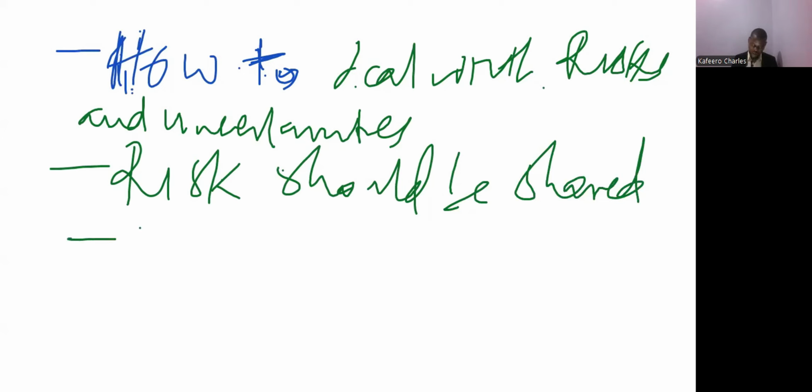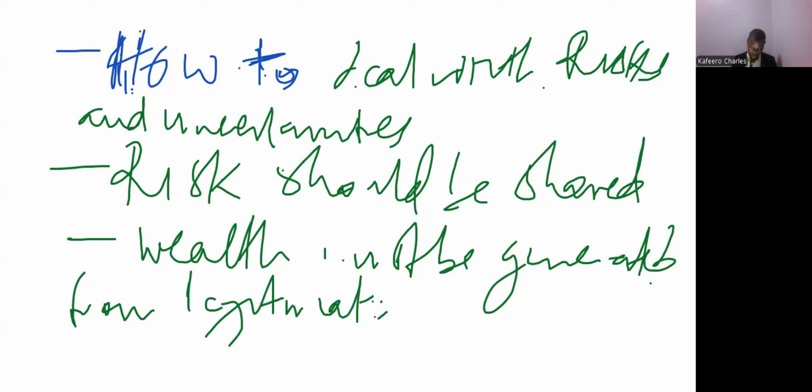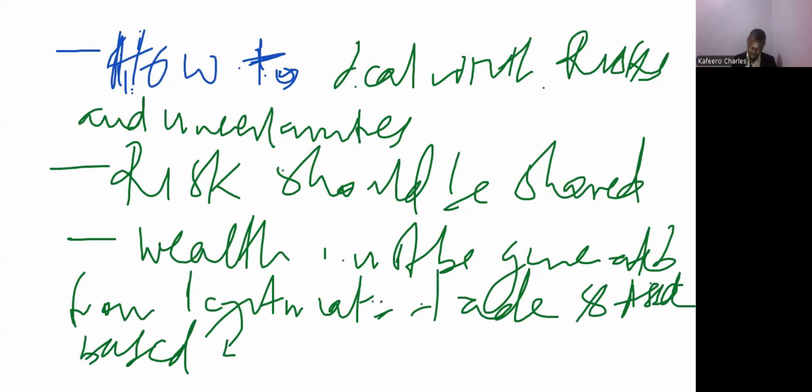They are also saying that wealth must be generated from legitimate trade and asset-based business. For them, you don't just give out cash, but you should actually have a physical asset that you are giving the money against.